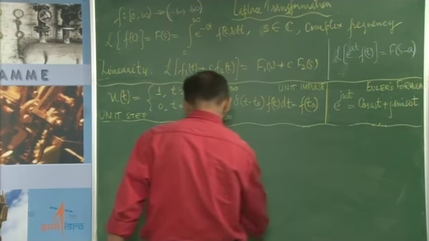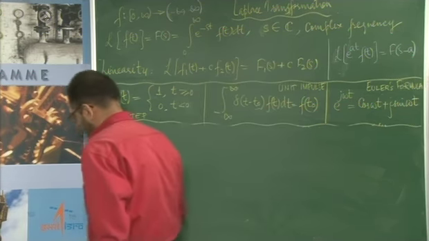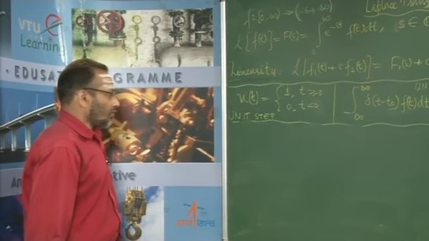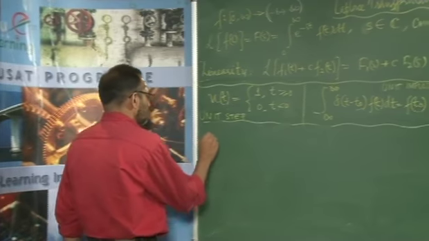Normally, you may not find this in your books, but there is an easier way of arriving at the Laplace transform of an integral. For that, let us go back to what we already know.